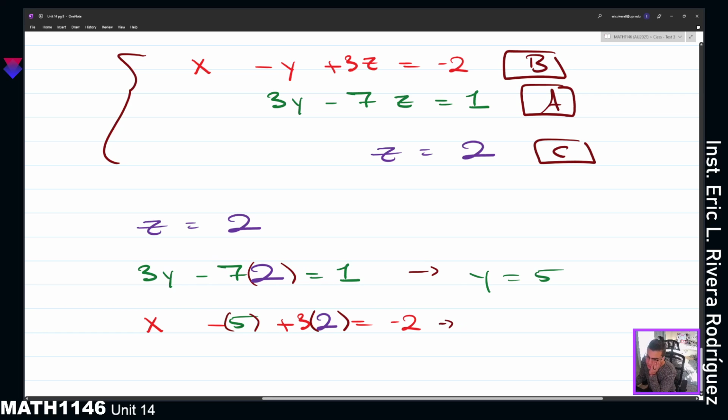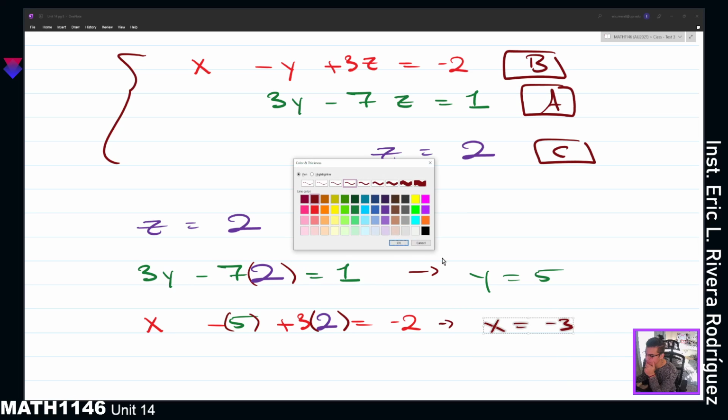Let me see if I can do this here. So we have 6 negative, so 1, x minus 3 if I'm not wrong.